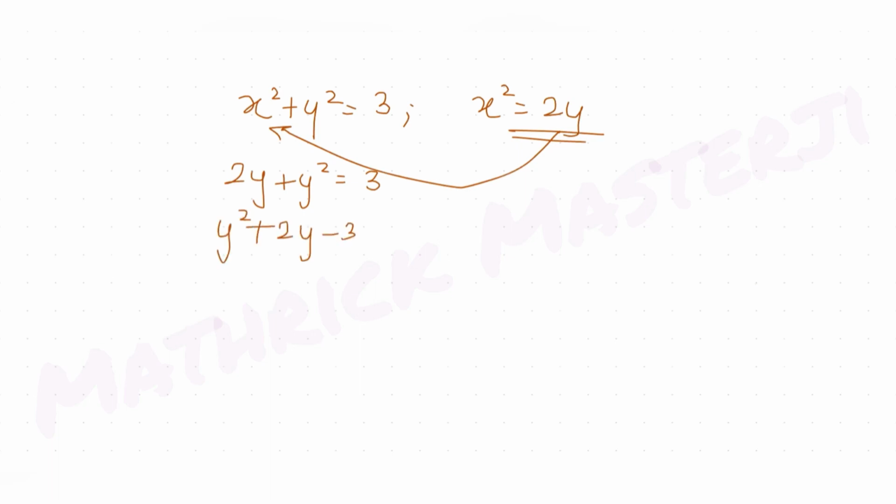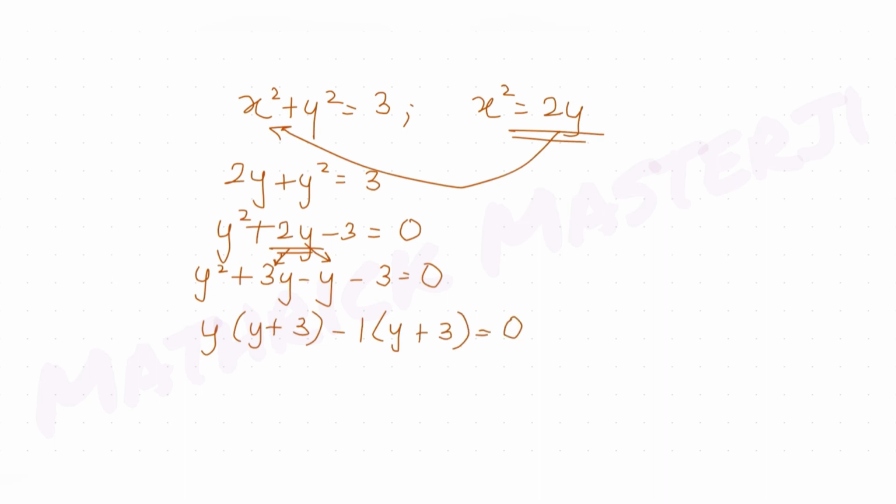Solving this quadratic equation, we get y square plus 3y minus y minus 3 equals 0. Taking y common, y into y plus 3 minus 1 into y plus 3 equals 0. So I get y plus 3 into y minus 1 equals 0. Hence y equals minus 3 or y equals 1.